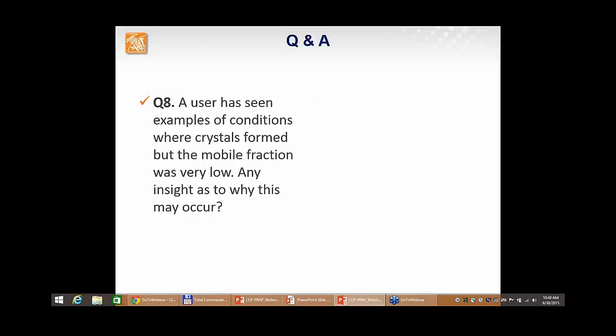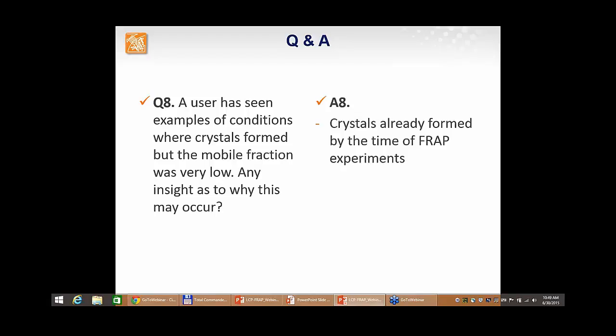Question number 8. A user has seen examples of conditions where crystals formed but the mobile fraction was very low. Any insight as to why this may occur? Again, as I mentioned, one of the reasons could be that by the time of the FRAP experiments, the crystals have already formed, and therefore there is no free protein to diffuse, or the bleach spot occurred exactly on the already formed crystal.